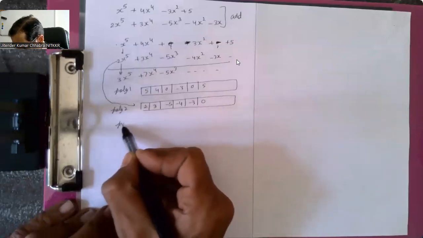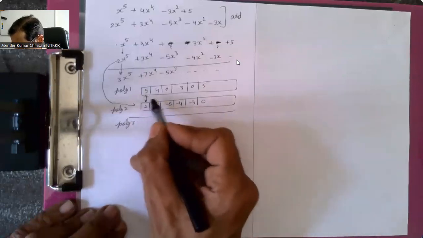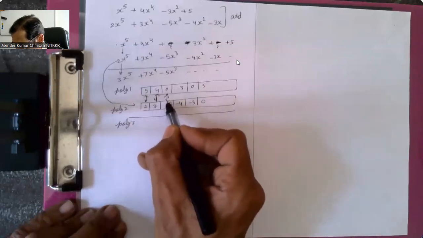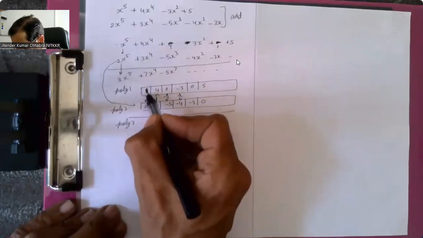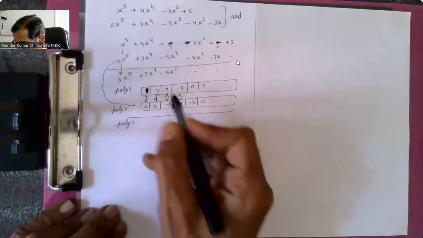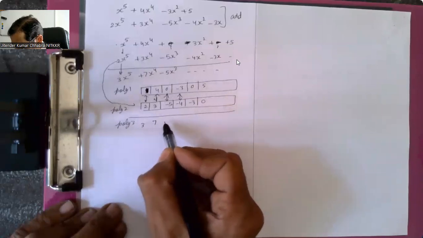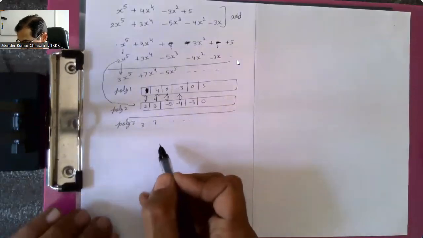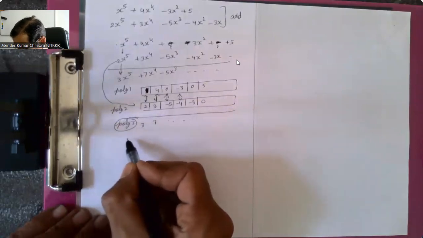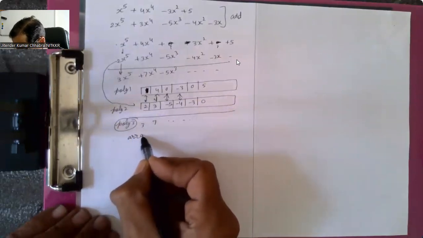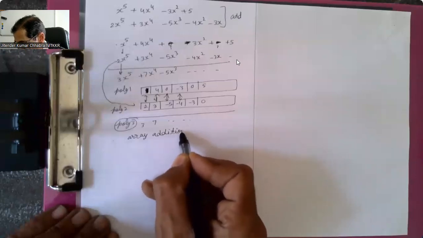And my polynomial 3 could be just by addition of the corresponding index elements. Sorry, this was 1. Let me correct this: this was 1, 4, minus 3, and so on. So this will become 3, 7, and so on. Effectively, the result is nothing but array addition, and array addition logic you have already implemented in C also.